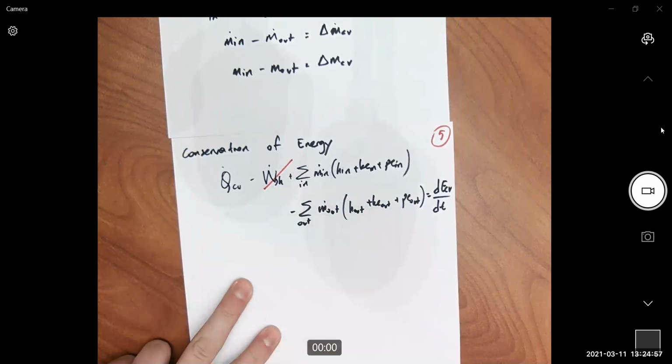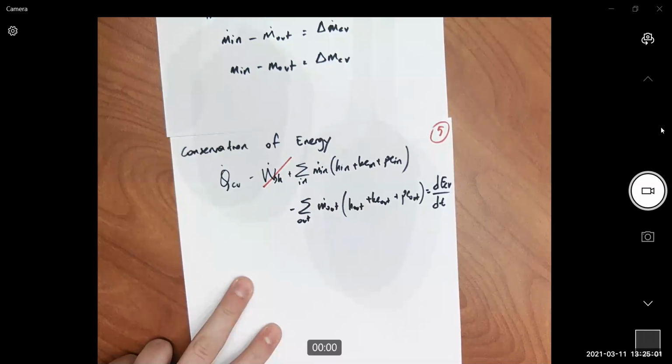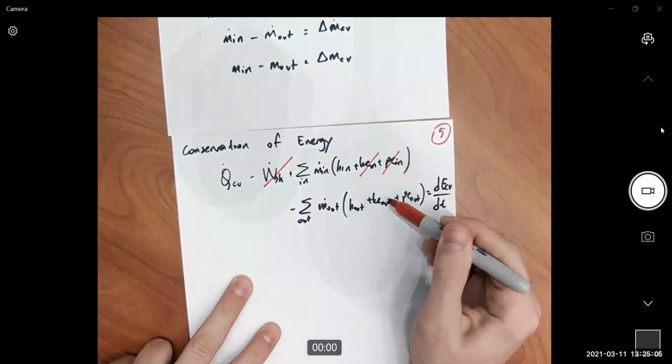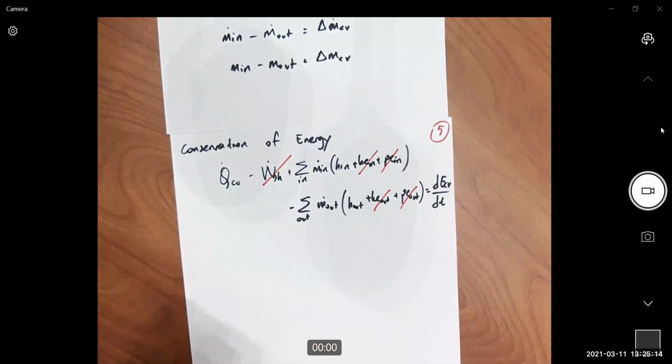There is no shaft work anywhere in the problem, so it's zero. I can also neglect kinetic and potential energy. So far, so good, right?